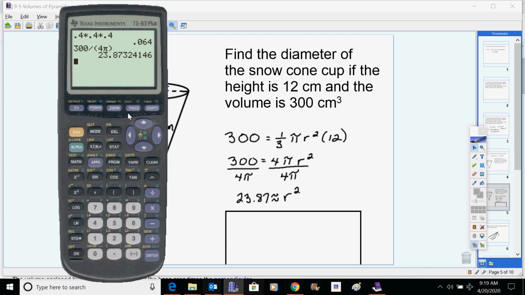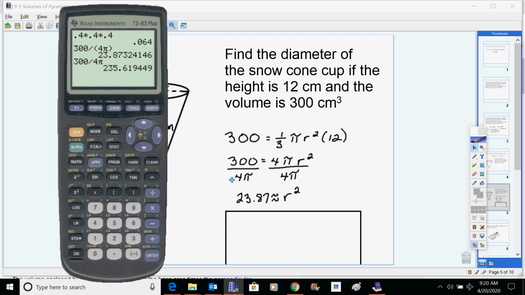If you forgot to use the parentheses here, let me show you what happens. Okay, it's not going to group the 4 pi together. Order of operations says multiplication and division in order from left to right.